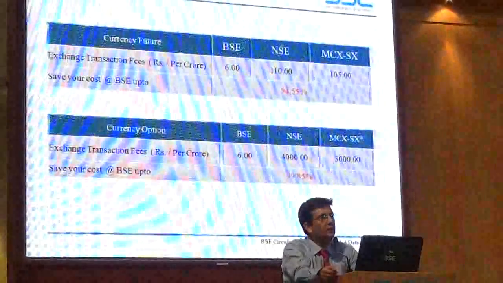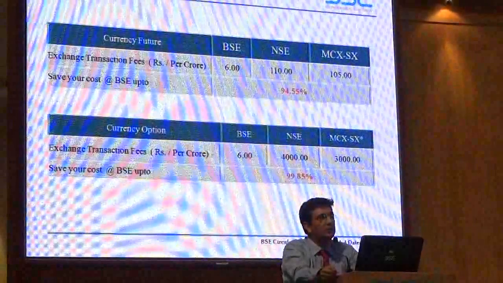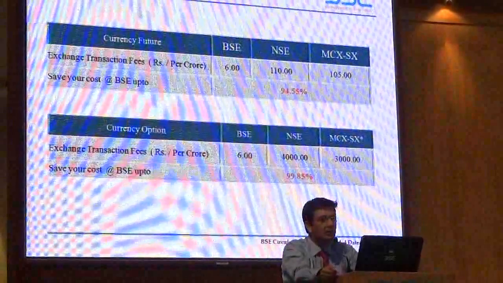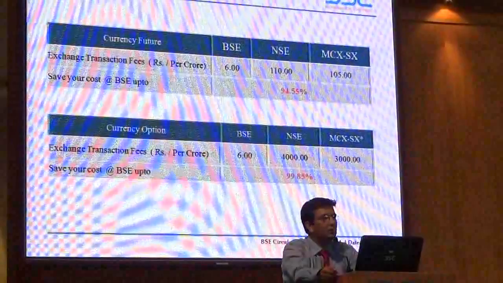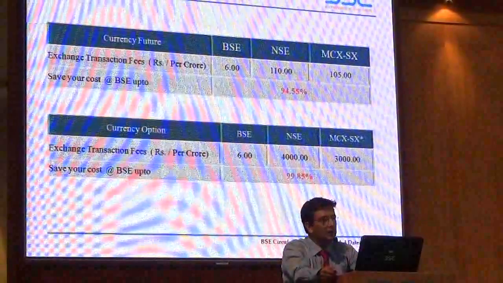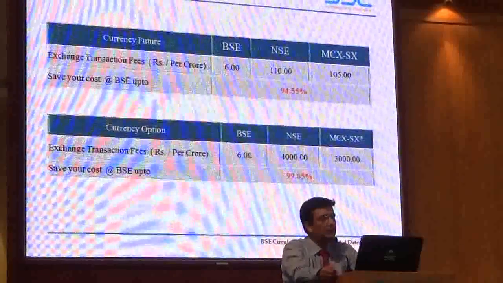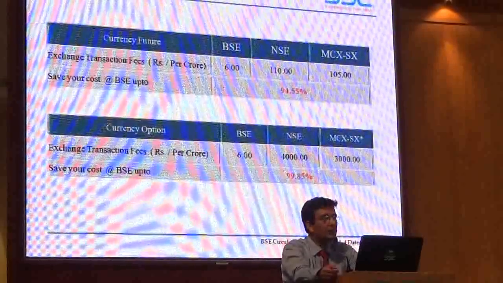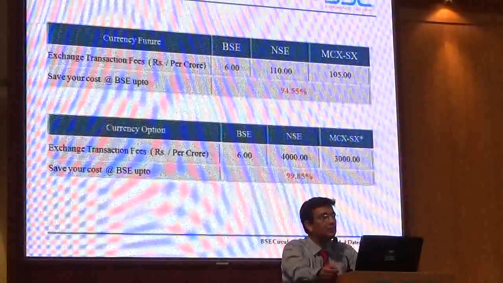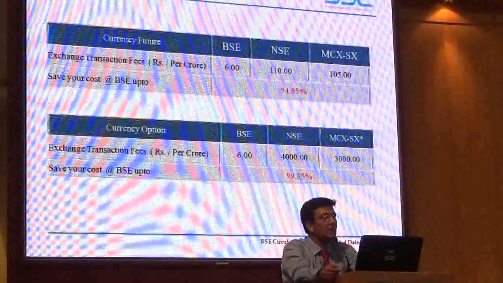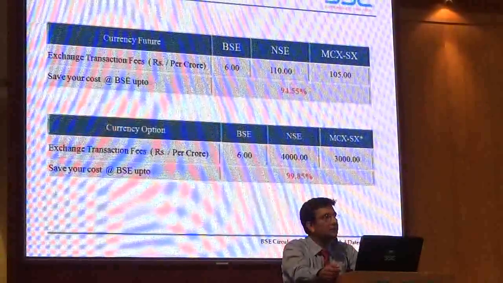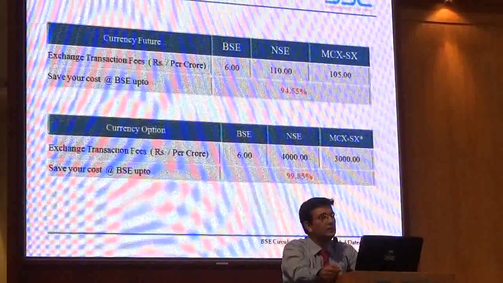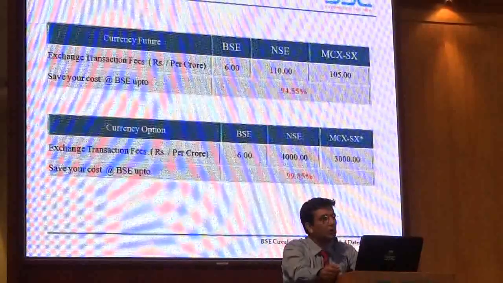The major benefit of trading on the Bombay Stock Exchange CDX segment is the costing. For exchange traded currency derivatives, the exchange transaction fee on BSE is as of now 6 rupees per crore, whereas NSE is charging 110 rupees per crore and SX is charging around 5 rupees per crore.